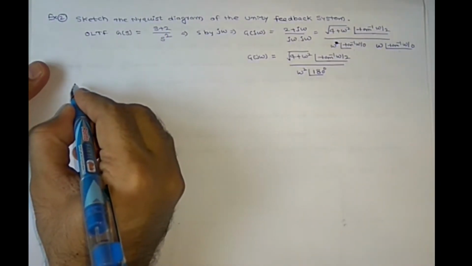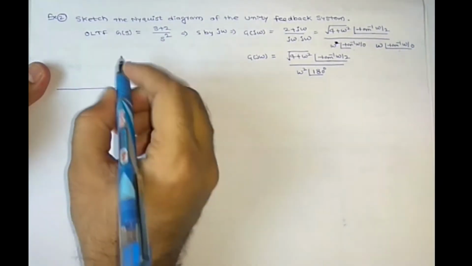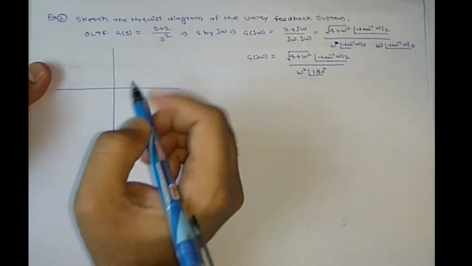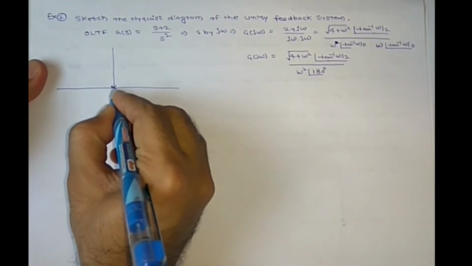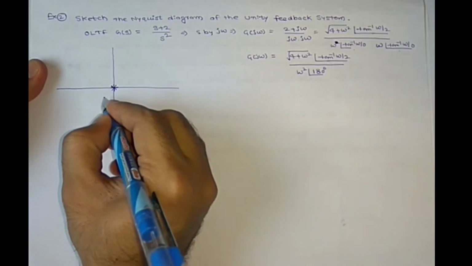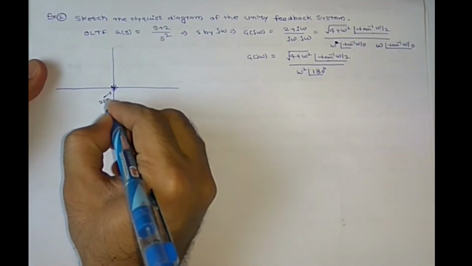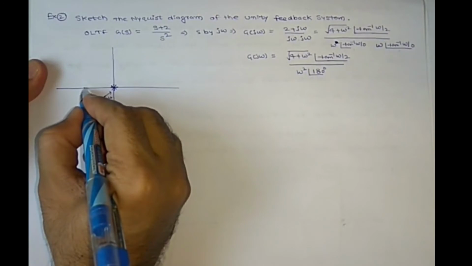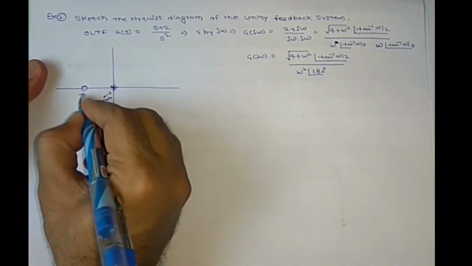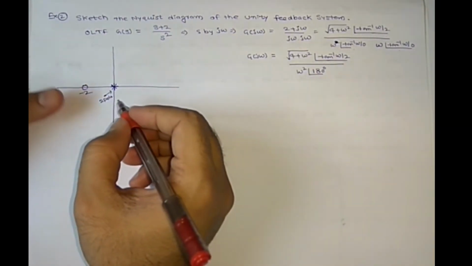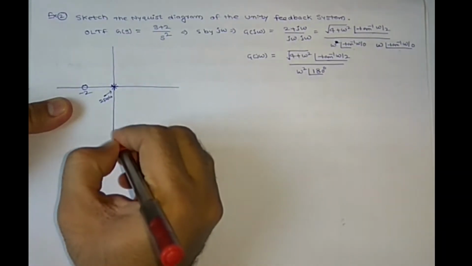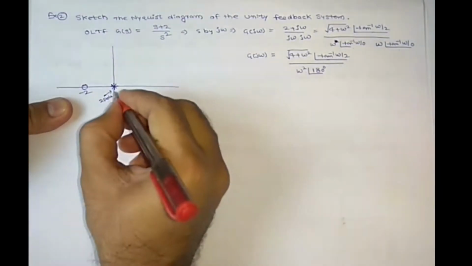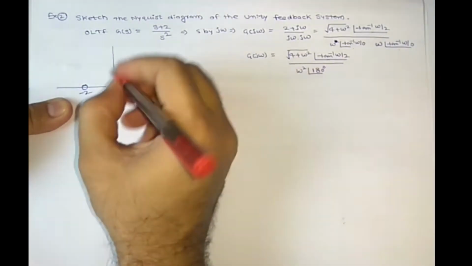Now if you draw the Nyquist contour for this, we have 2 poles at the origin. Very carefully, here we have 2 poles, and at s equal to minus 2 we have a zero. Now we need to bypass this pole by a detour, so I am taking a clockwise detour.